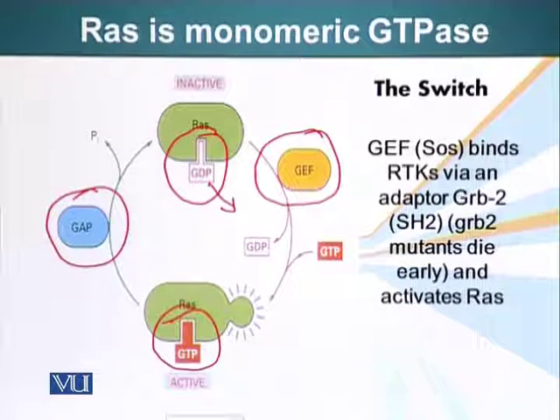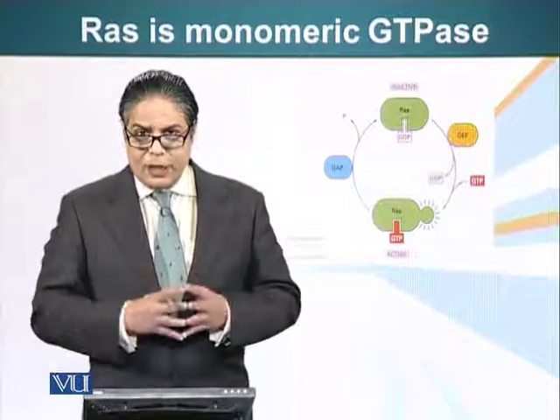GAP stands for GTPase activating protein, which enhances RAS's intrinsic GTPase activity and causes it to hydrolyze GTP into GDP and become inactive. So RAS can exist in off and on state just like a switch.